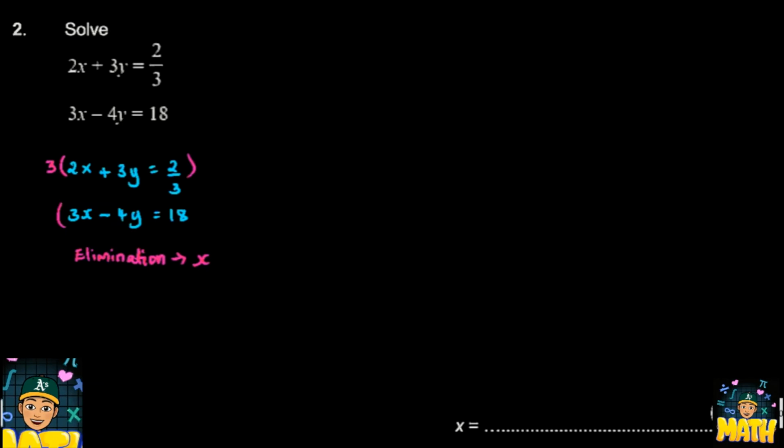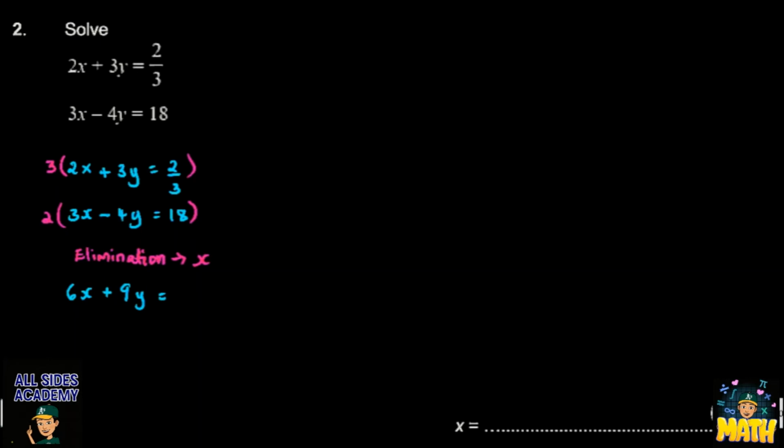So we multiply the two equations by the opposite numbers, so by 3 and by 2. So remember, it's multiplying the whole equation. So 2 over 3 times 3, the two threes cancel out, and then you get 2 remaining. And then on the second equation, we have 6x minus 8y equals 36.